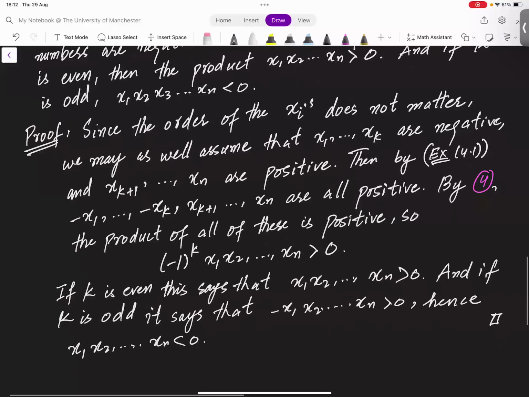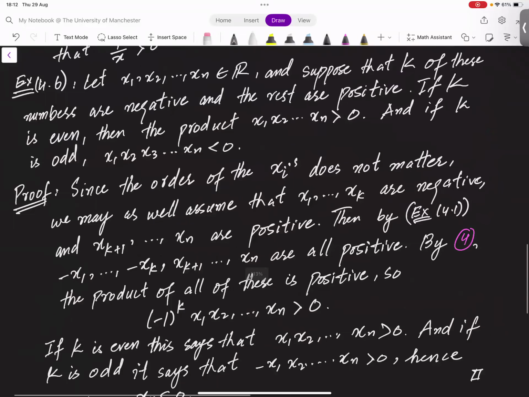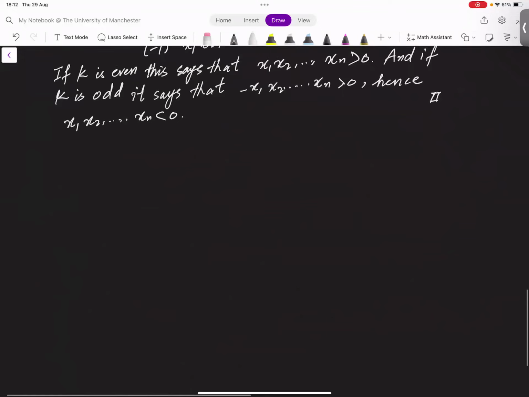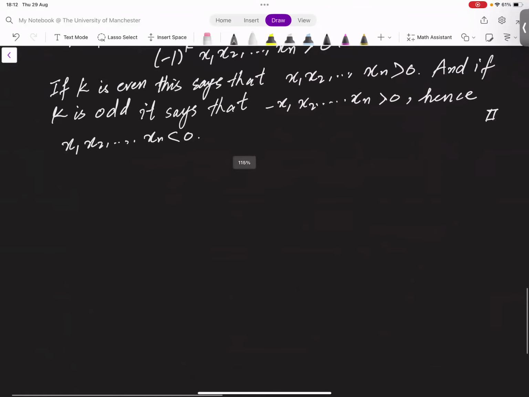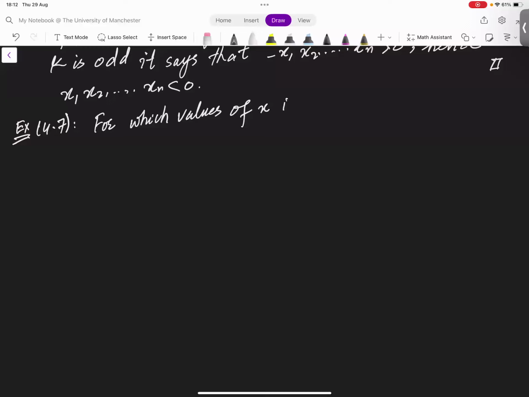Now we will solve some typical inequalities. These are the properties. Now we will solve some inequalities. Example 4.7. For which values of x is x less than 2 over x plus 1? Solution.